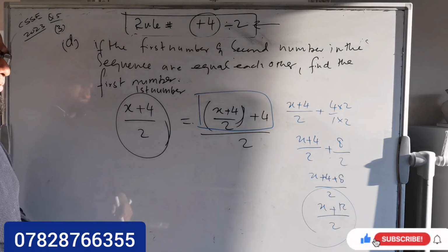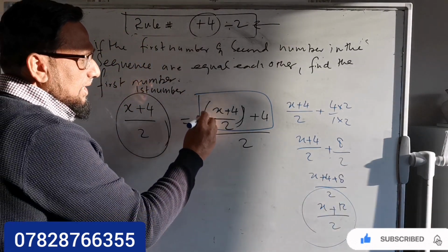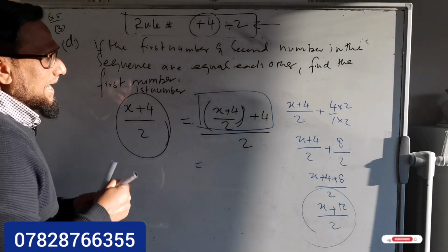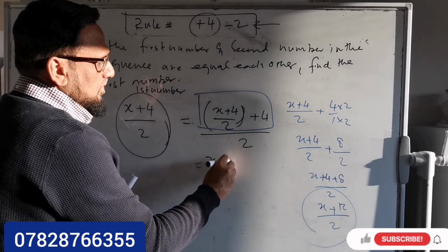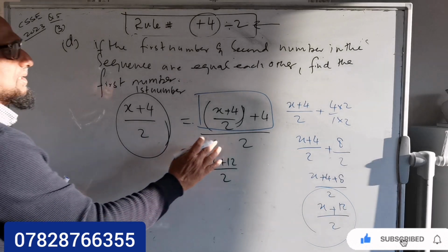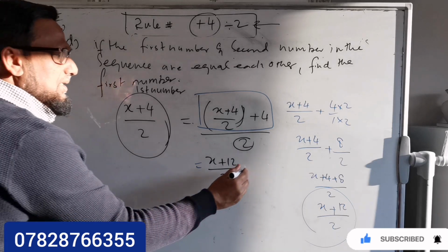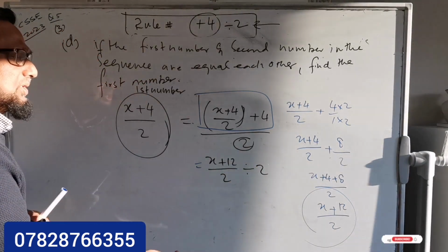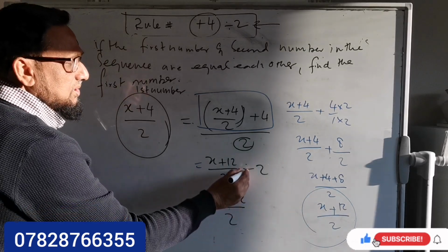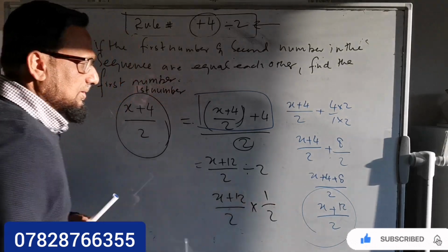So we solved the numerator and found x plus 12 divided by 2. Now I can write down x plus 12 divided by 2, and you can see this is the denominator, divide by 2. So x plus 12 divided by 2, and this divide changes to times, and we flip the fraction.